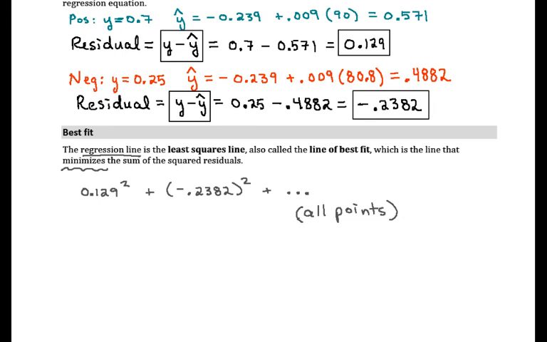It sounds at first like a very hard thing to actually find, but it turns out there are some really simple formulas that give the best fit line that happen to satisfy this requirement. So it's not the case that a computer has to change the line and do these calculations over and over and over again in order to find this.